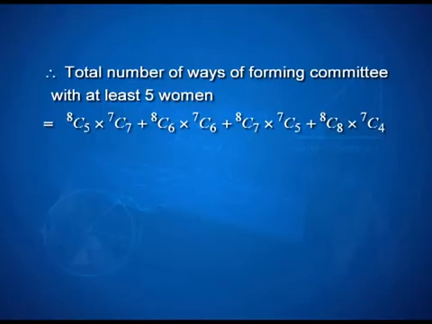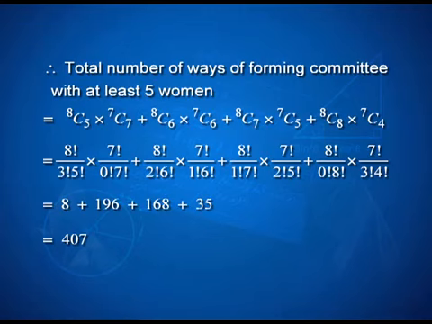Similarly, the second case can be done in 8C6 into 7C6 ways plus 8C7 into 7C5 plus 8C8 into 7C4. This leads to a calculation which is much more simplified now, because we are dividing by (n minus r) factorial into r factorial, and that turns out to be same as 407 when added up. So, you are looking at 407 ways in which this can be done.